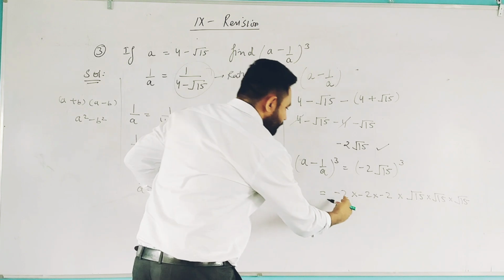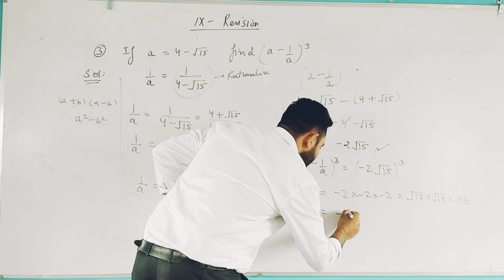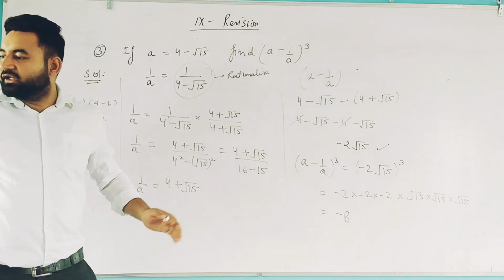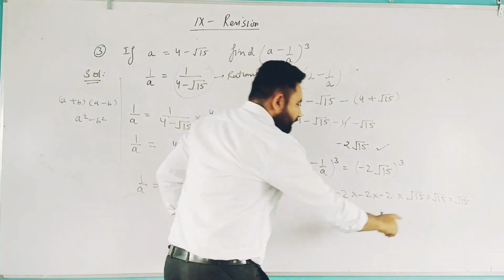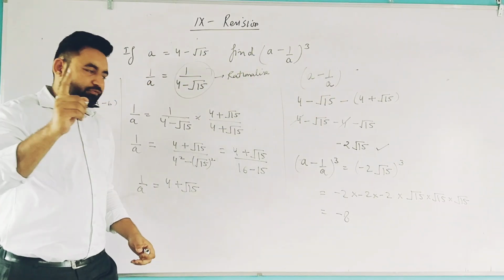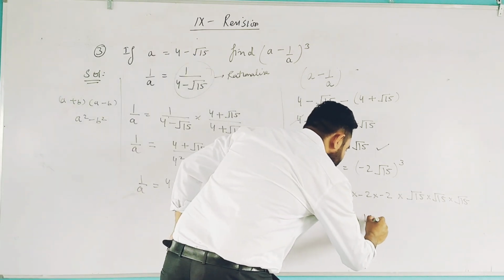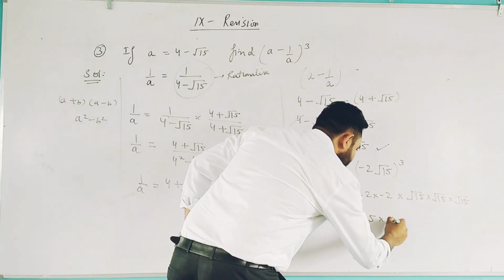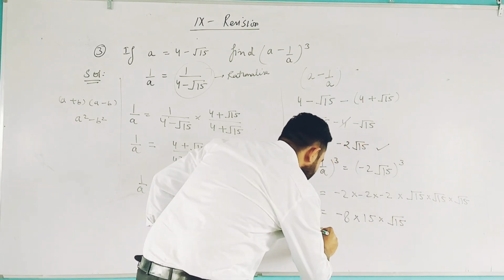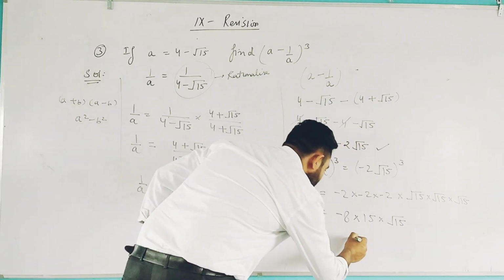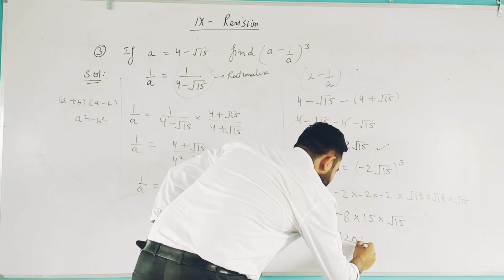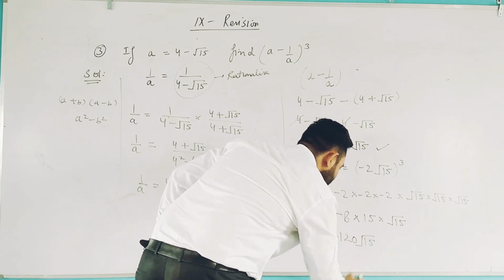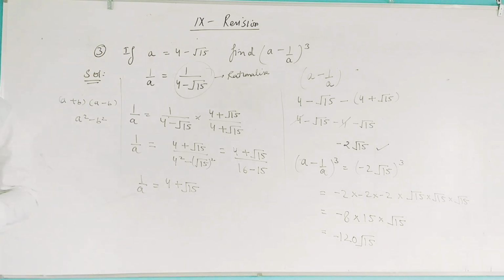Here multiplying 3 times 2 becomes 8. Because of 3 negative signs, we are having this minus of 8 here, multiplied by 15, root 15 into root 15 becomes 15, and there is also one extra root of 15, which we don't need to simplify. We'll write the answer. 8 multiplied by 15 is 120, and there is also root 15, so we'll write it minus of 120 root 15.